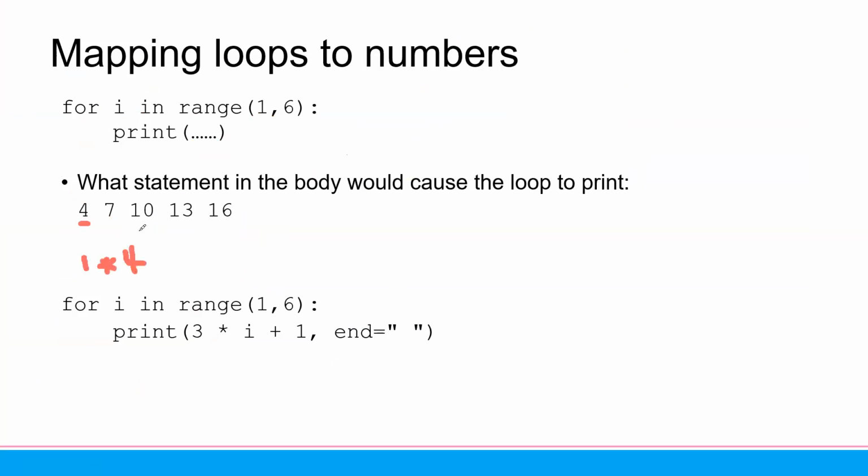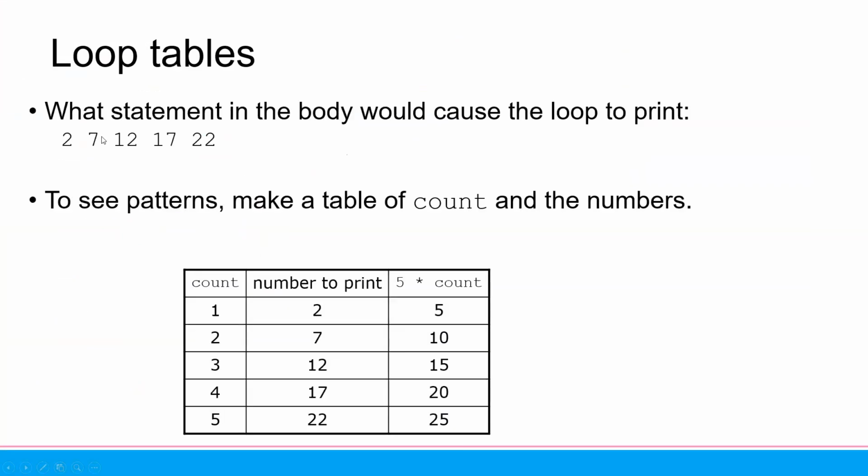Yes, of course. But when it is 2, what happens? 2 multiplied by 4 is 8, but we get 7. So you need to find how to make the formula. We have this number. How can we make the formula?